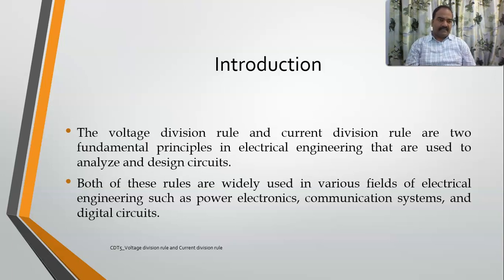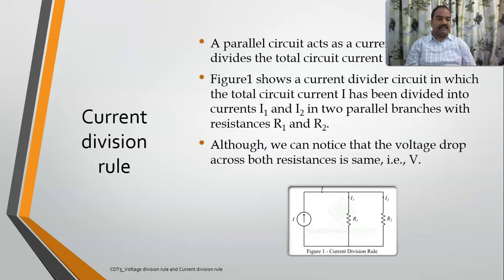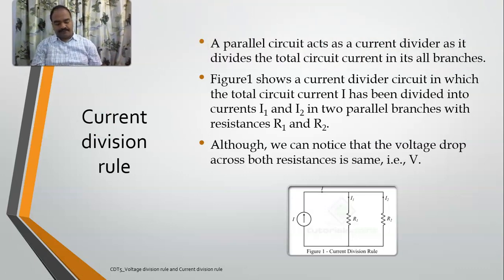Particularly in power electronics, communication and digital circuits, these help us determine the responses in elements very quickly. The first one is the current division rule. It works on resistors which are connected in parallel.